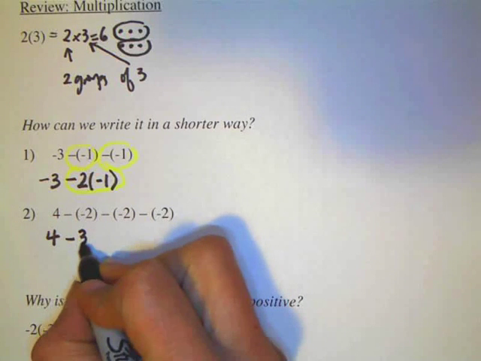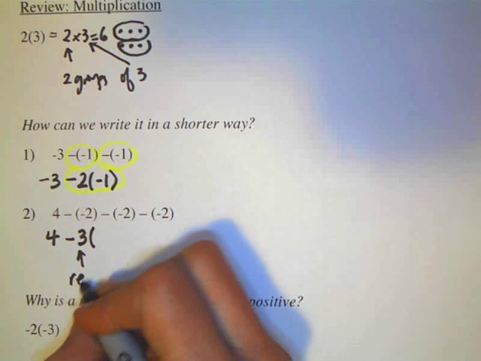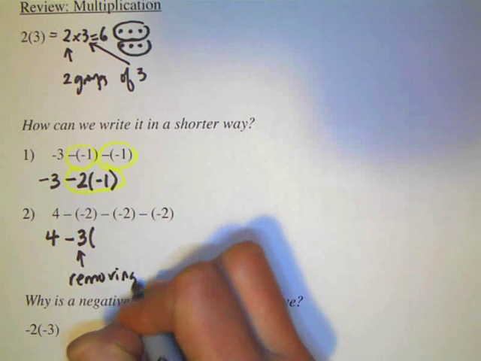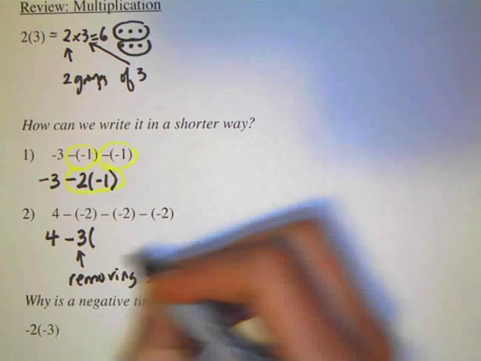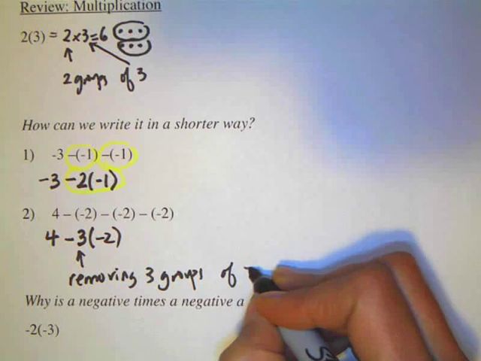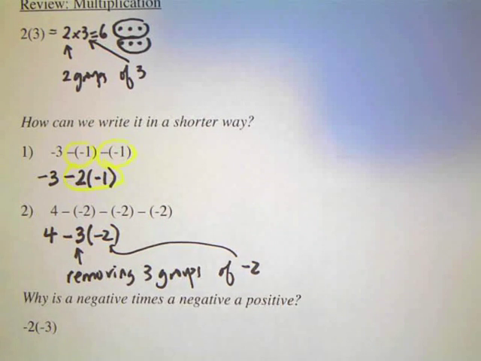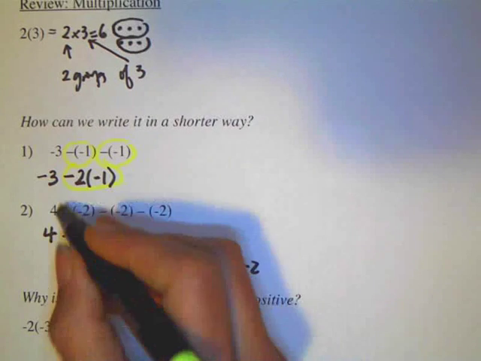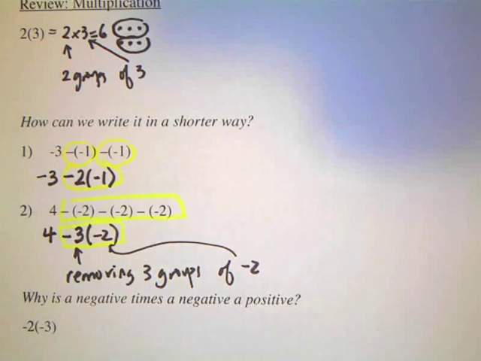I'm removing 3 groups of -2. So this part here is the same part right there in a shorter way.